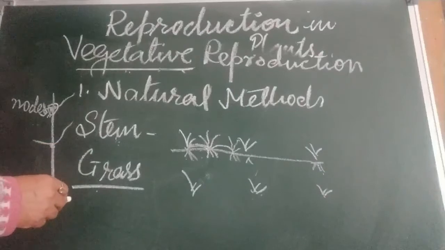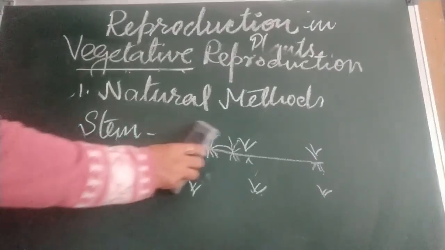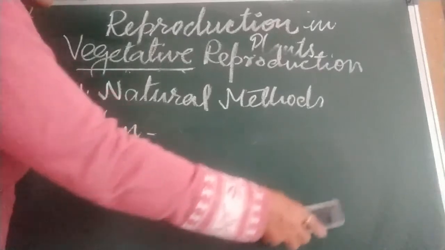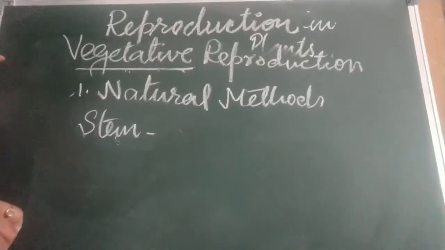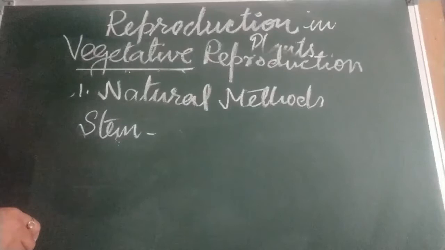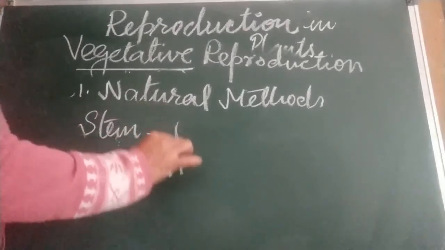In plants such as mint and chrysanthemum, mint, children, you can also grow. In that also, propagation of plant takes place by stem. Mint in Hindi we call it pudina. Horizontal stems arise. This is mint.